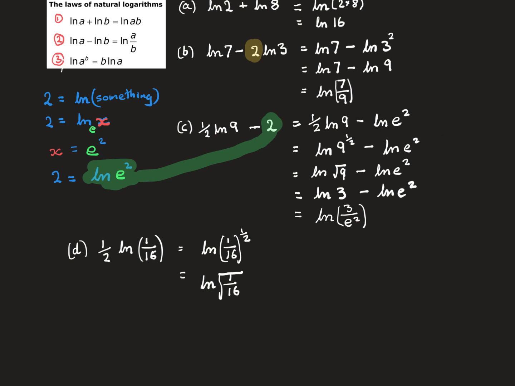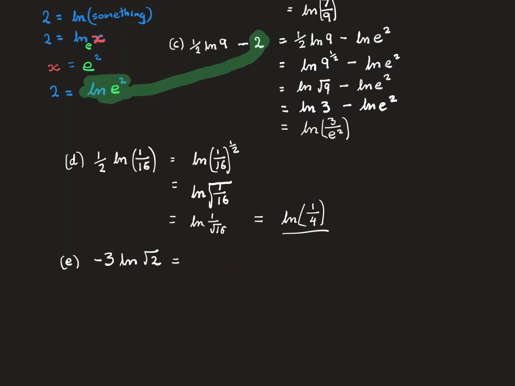Okay, which should be really very obvious because we know how to use this. 1 over root 16, which is equal to, write it up here, ln 1 over 4. Done.